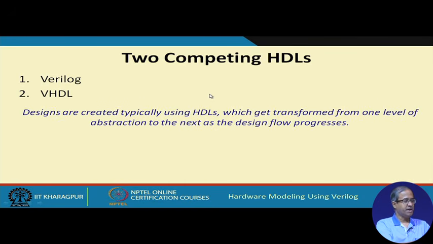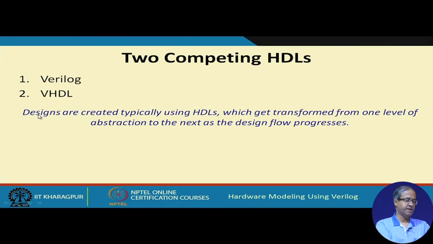There are two hardware description languages that are most popular today. One is Verilog, the other is VHDL. In this course, as I have told you, we shall be looking at the language Verilog. Now, earlier I said that designs are created using HDLs. Verilog or VHDL are typical examples of these HDLs.